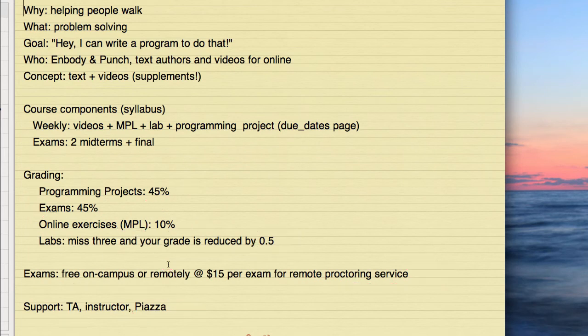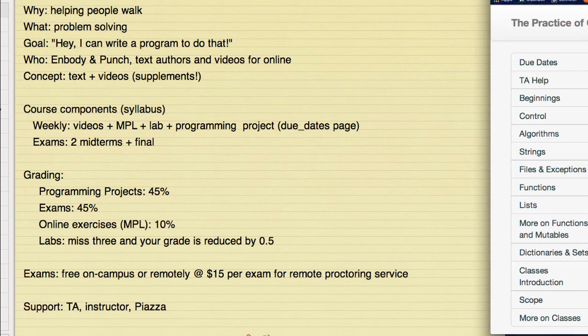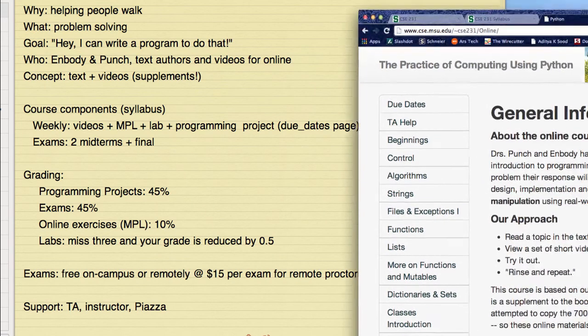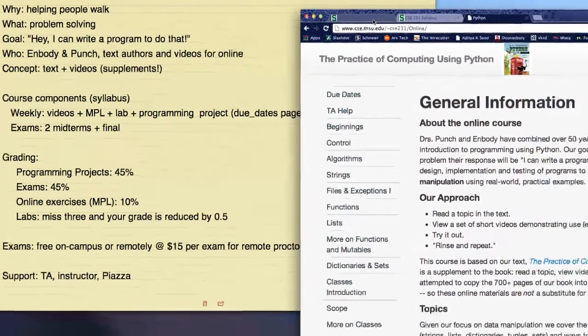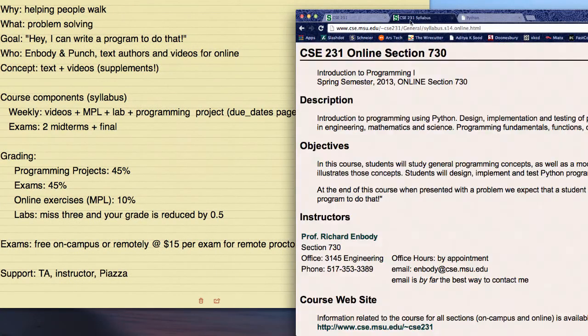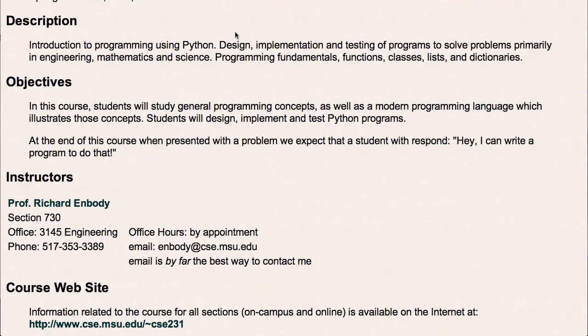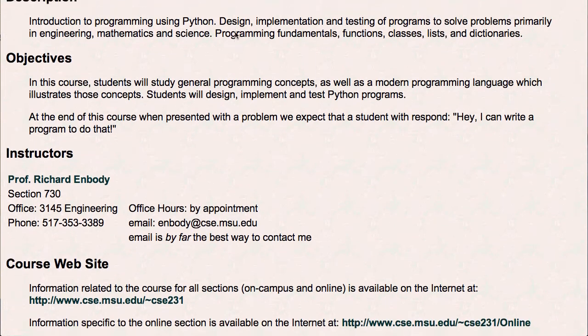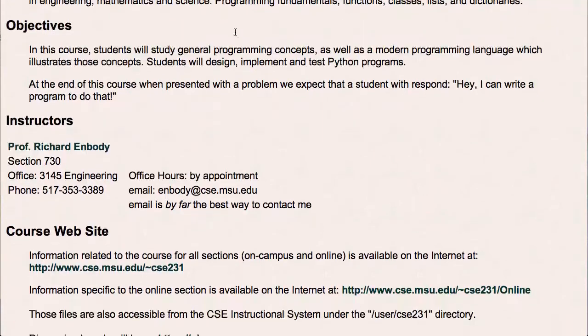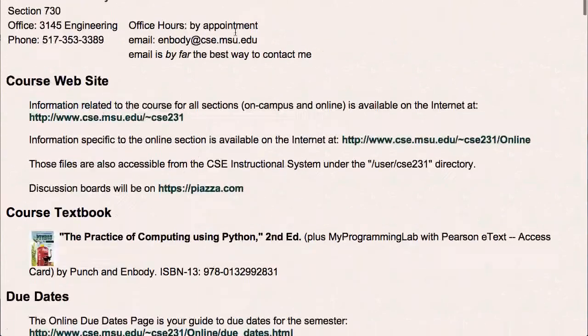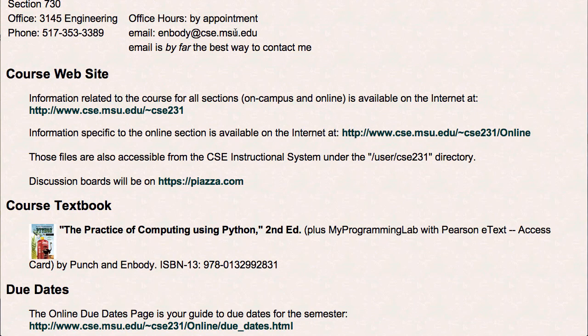Let's take a look at the syllabus. Here we go. So there is a course page, and let's take a look at the syllabus. This is online. It's different for the online students as opposed to the on-campus students, and I'll be emailing you a link to this.